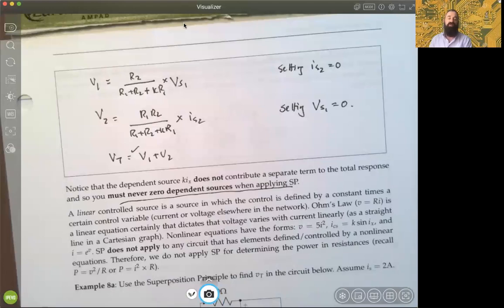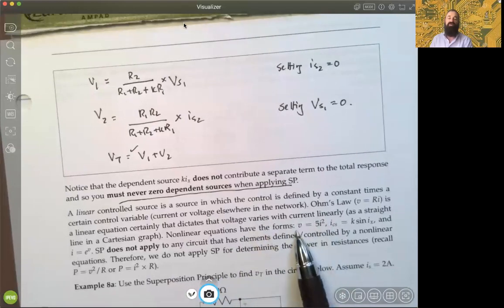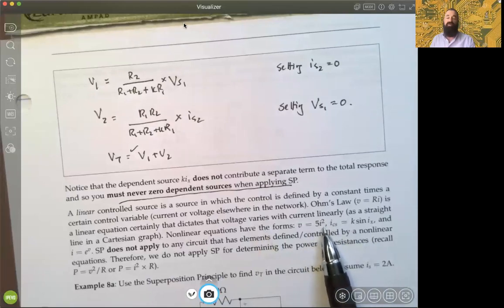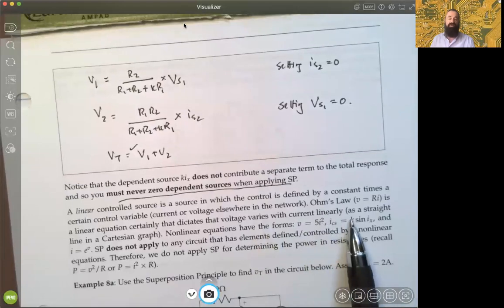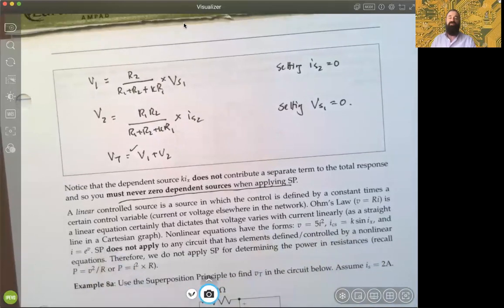But nonlinear equations have forms like this, where the variables involved are not just simple scalars times their first power. So you've got squared powers here or quadratics. Here you have trig functions, or you may have exponentials. Those are not linear controlled sources, all right?